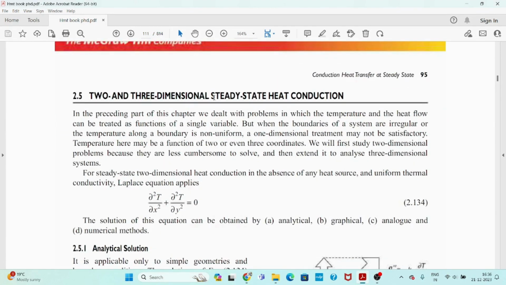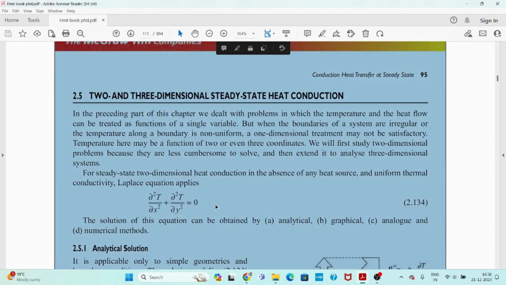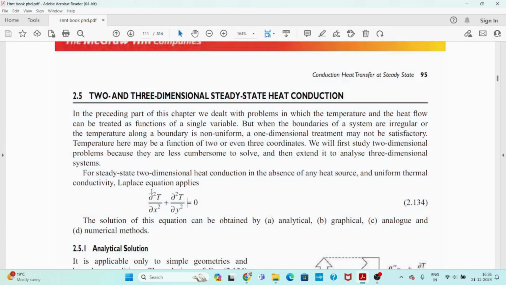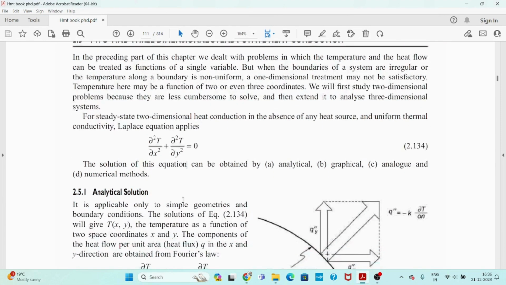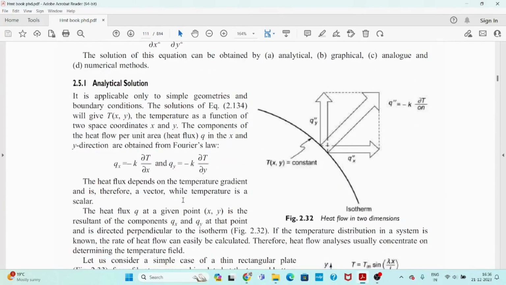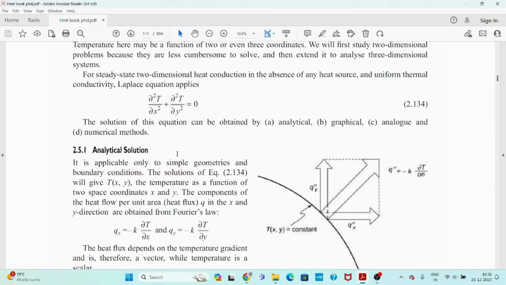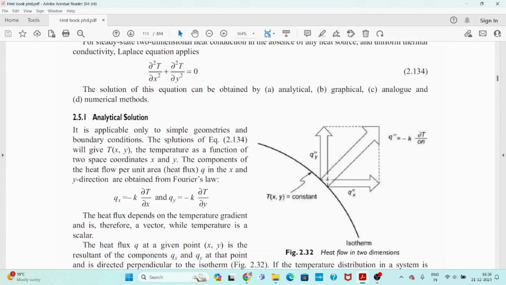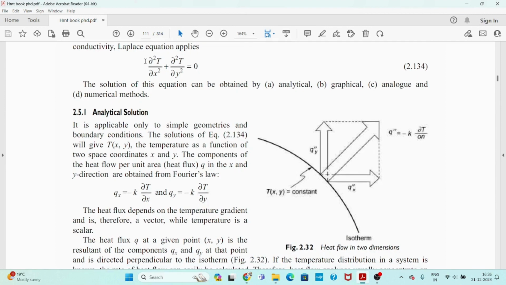As far as three-dimensional steady state heat conduction is concerned, for your semester and other exams there is no need to go for three-dimensional or more than one-dimensional, because they are not going to ask about this. They will ask only one-dimensional. If you want, you can use two-dimensional.